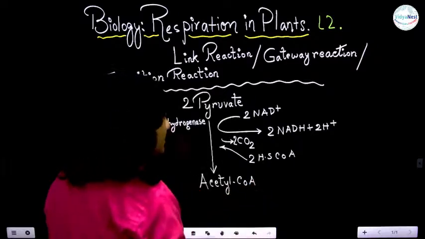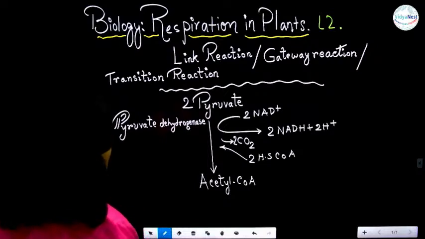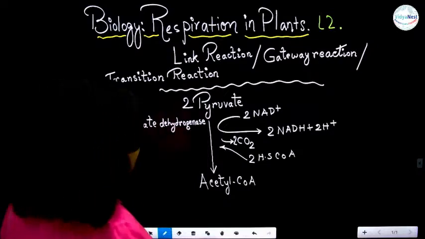This occurs in the matrix, and after that, this acetyl-CoA is going to enter and take part in the Krebs cycle.